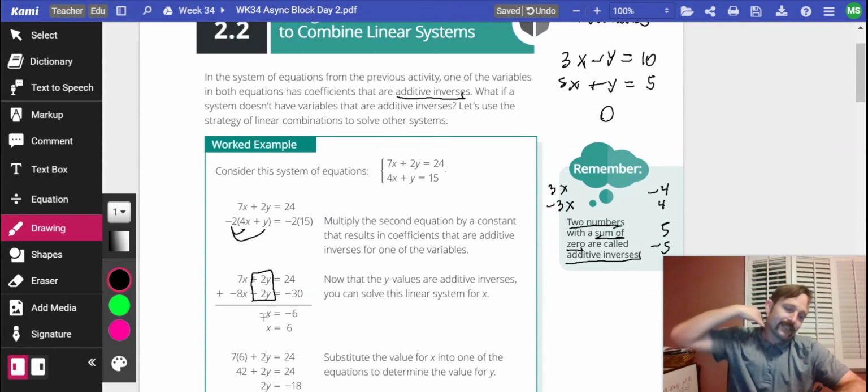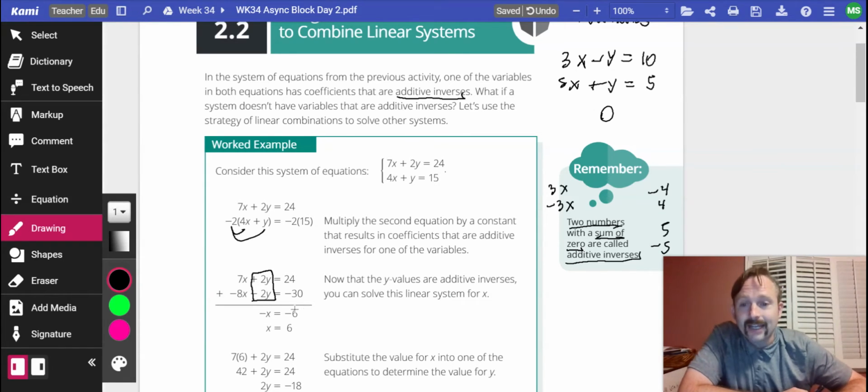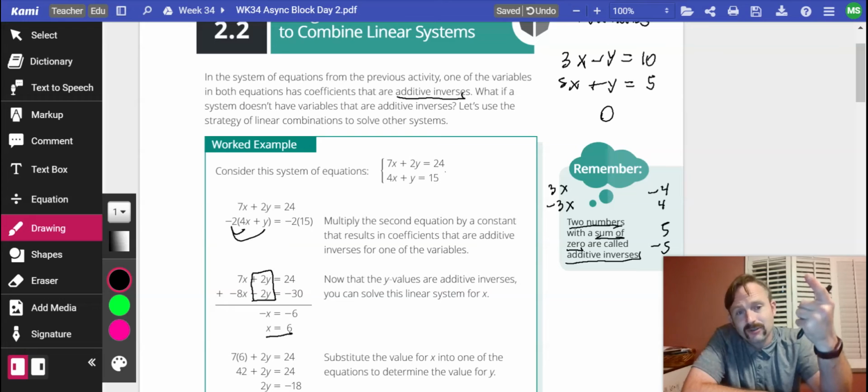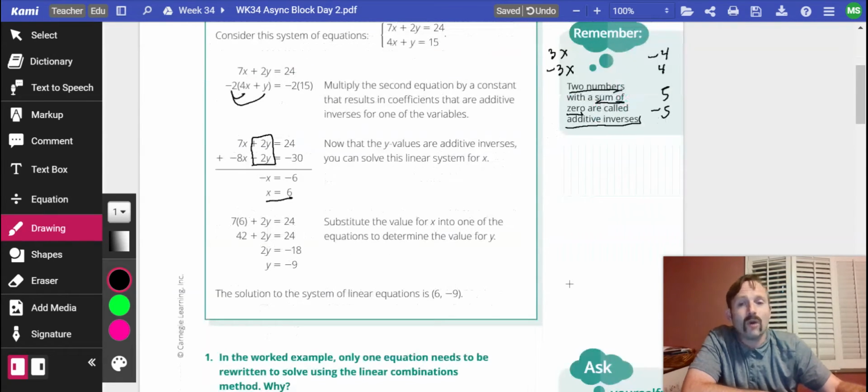And so now we get x by itself, and now we can solve for it. What is x? Well, x equals 6. After we solve and figure out what one of the variables is, we substitute that value back into an equation and solve for the missing variable. In this case, we're solving for y.